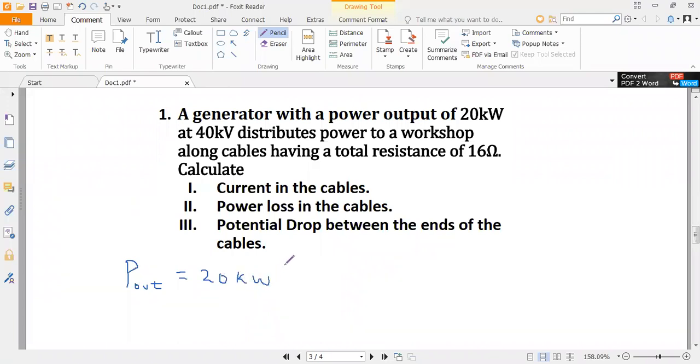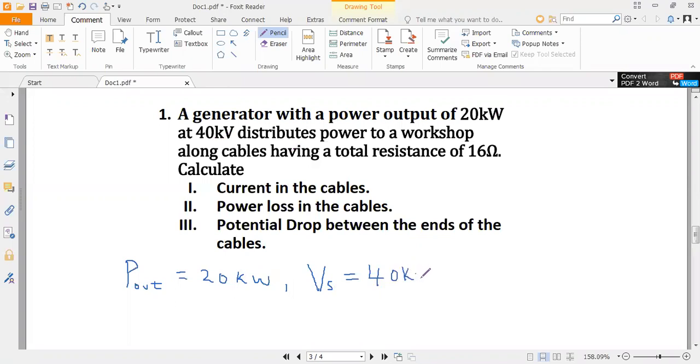Then we also have an output of 20 kilowatts at 40 kilovolts. Because we are dealing with primary and secondary coils, that means that the potential of the secondary coil, if I call it Vs, is equivalent to 40 kilovolts.